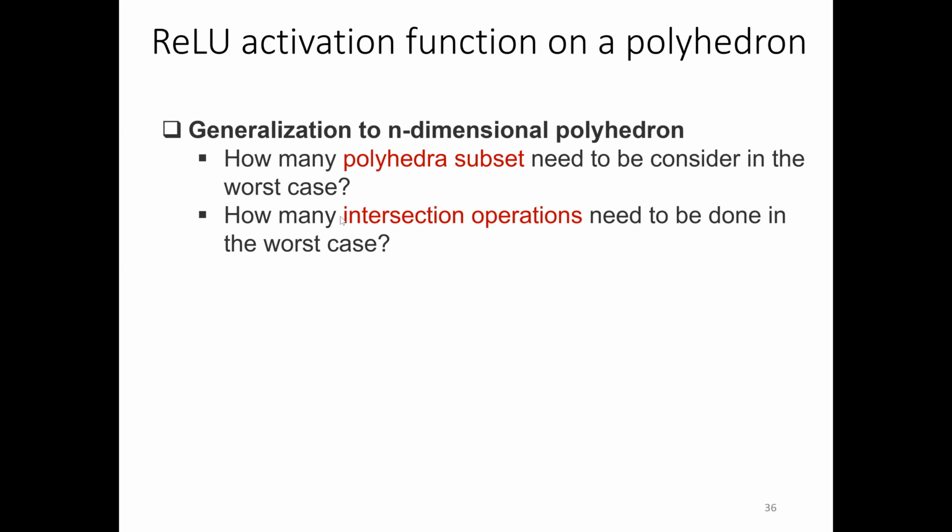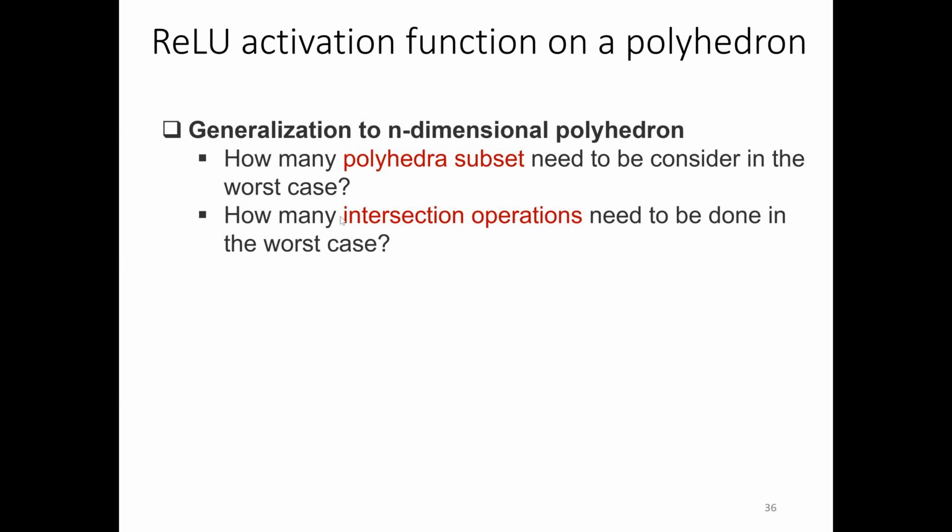If you have an H representation, when you do intersection with some half space, it's very easy because you can just add the constraint to the H representation. However, when you come to the ReLU mapping, it usually transforms the H representation to V representation for the ReLU mapping operation, right? And then when you come to the next layer and do the intersection again, it transforms back from V representation to H representation to do the intersection operation.